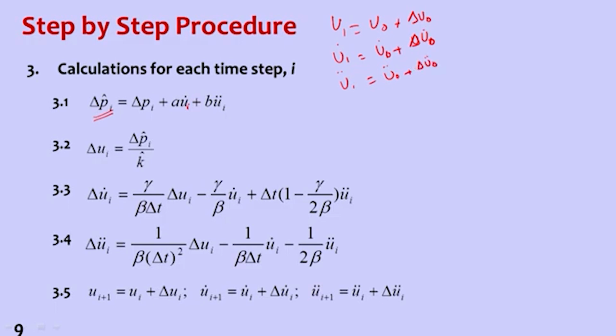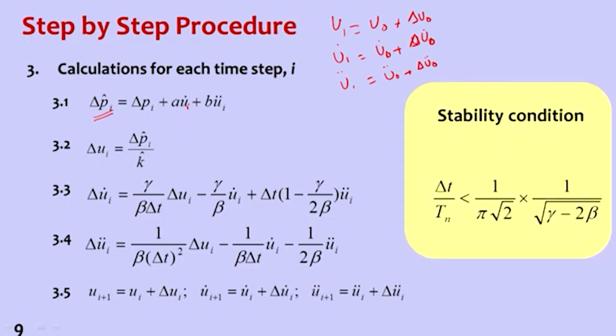So, that is how we will get it. From the current displacement and the difference in displacement, we get the next step displacement. From the current velocity and the difference in velocity, we get the next step velocity. From the current acceleration and the difference in acceleration, we get the acceleration of the next step. So, that is how we populate the table.